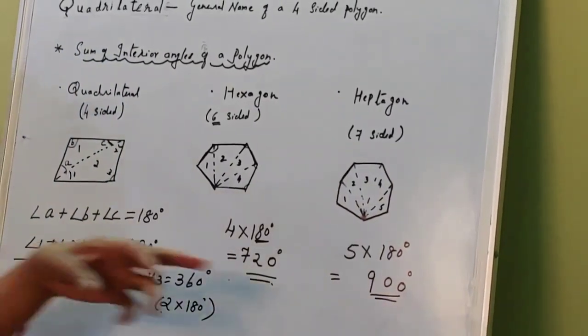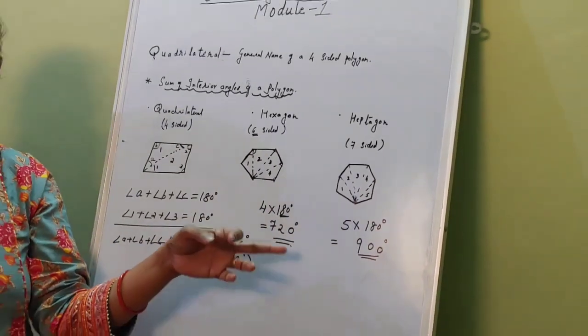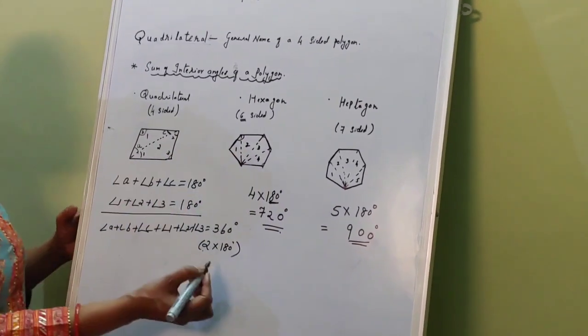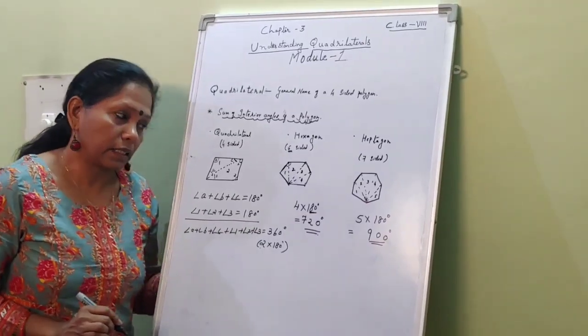So this is the sum of interior angles of a heptagon. 720 degrees is the sum of interior angles of a hexagon, and 360 degrees is the sum of interior angles of a quadrilateral.